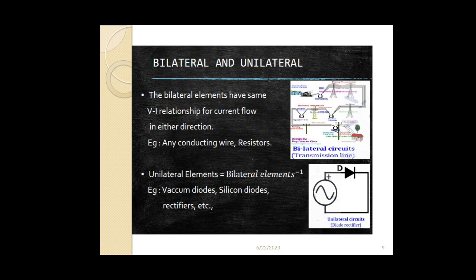This is the symbol of diode. Here I am giving the power supply to the diode, so current is flowing in unidirectional. This is the transmission line. This is the bilateral element.